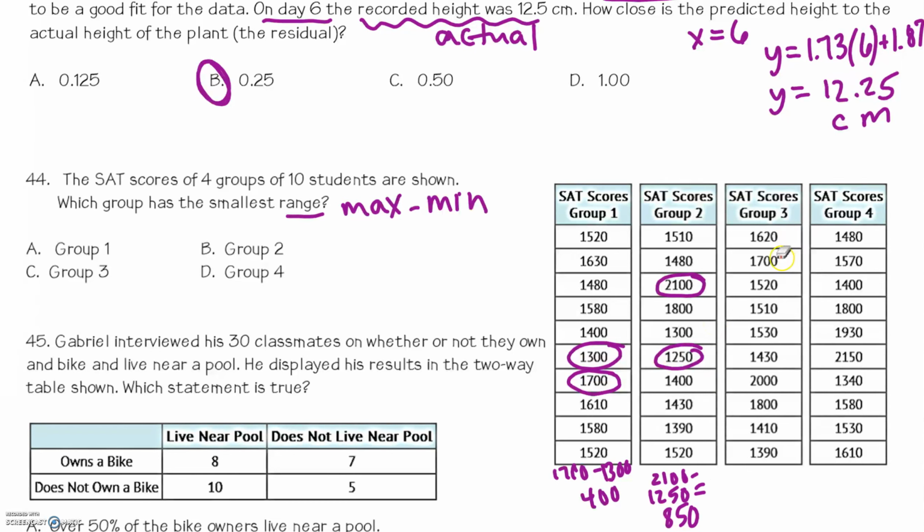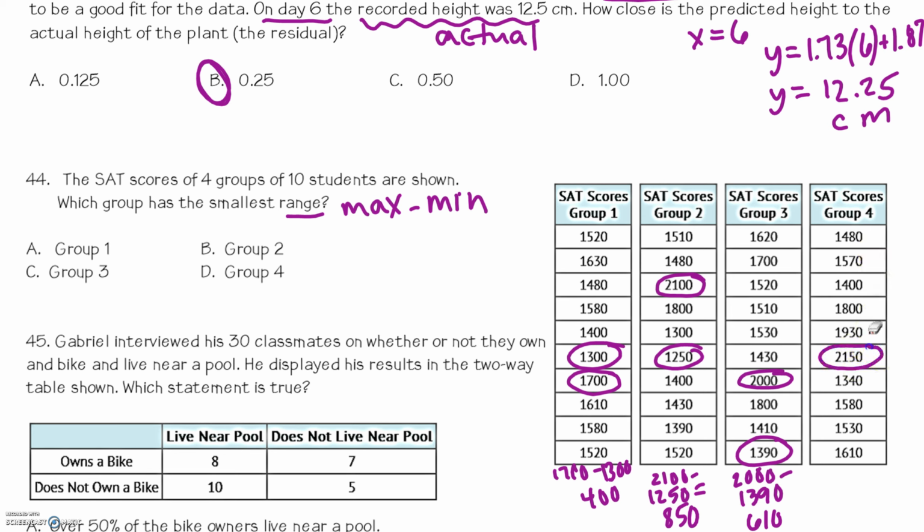All right, so now I go to group 3. I look for the maximum, 2000. Look for the minimum. Is there anything less than 1390? Don't think so. 1390. So 2000 minus 1390, and that gives you 610. I come back, I do the fourth one, 2150.